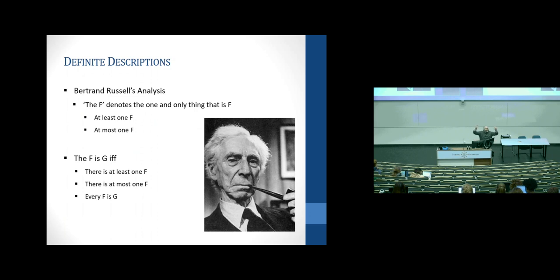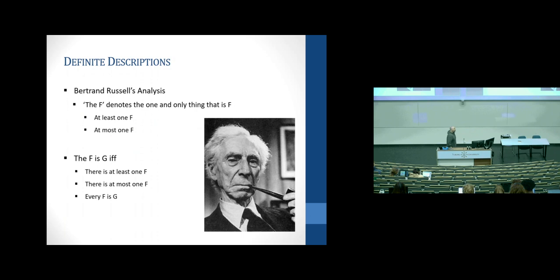So if we say the F, what we're saying is there's at least one thing that's F, and there's at most one thing that's F. That is, the minimum number is 1, and the maximum number is 1, so there is exactly 1.